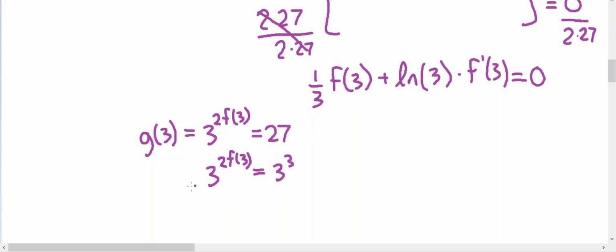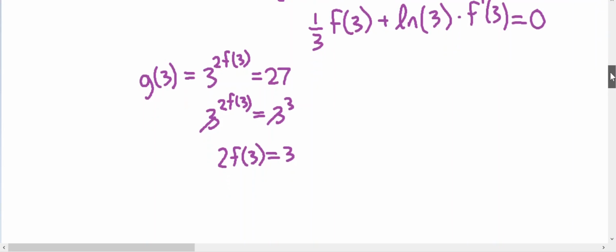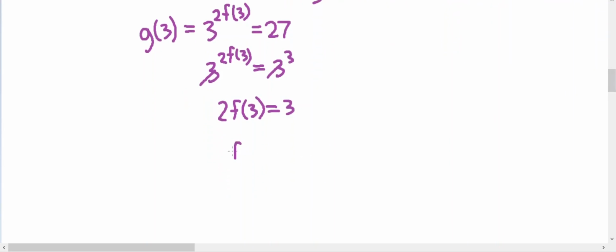So by taking log base 3 of both sides, we're effectively just dropping the base, and both of these fall to the floor. 2 f of 3 is equal to 3. And so therefore f of 3 is equal to 3 halves, or 1.5.